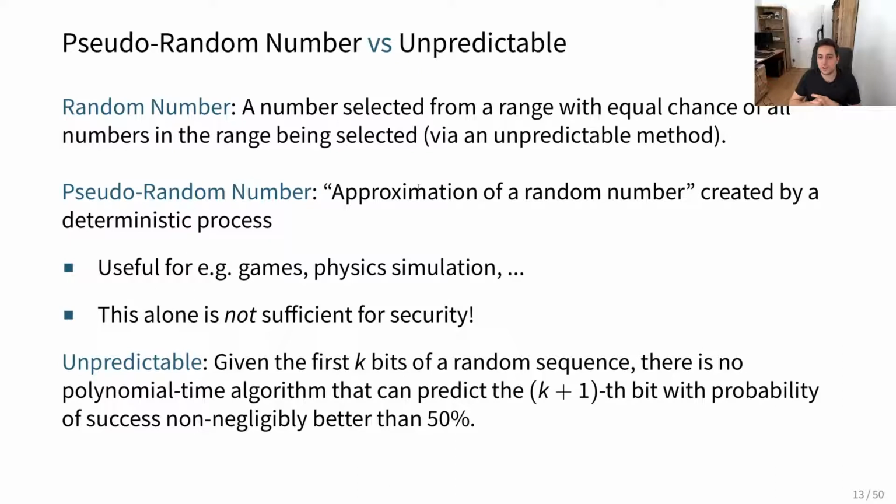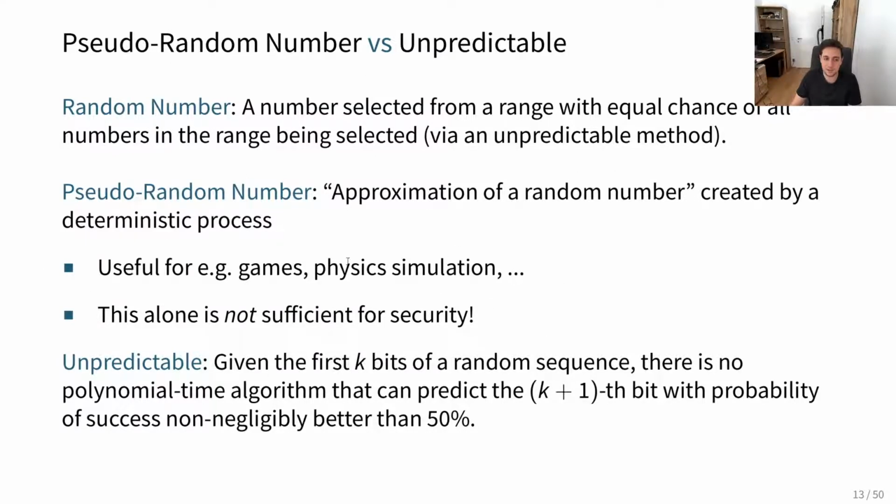Okay, so now there's basically a difference between random numbers, pseudo-random numbers, and unpredictable. This notion of unpredictability. So a random number is really purely random. We cannot say what the number will be, and it's also not generated by any deterministic process. And a pseudo-random number is, maybe we can say, an approximation of a random number, and this is exactly what happens here.